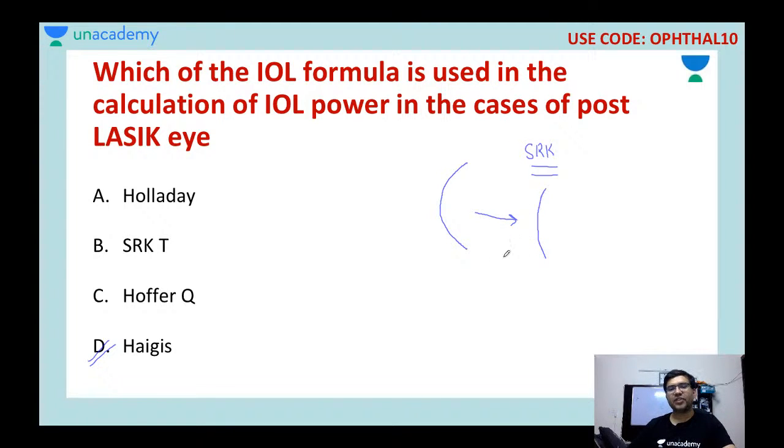The second thing we do is change the corneal thickness as well. So the formula which is made is called the Haigis formula, and it has been seen as a very important formula which can be used for the calculation of IOL power in the post-LASIK patient.